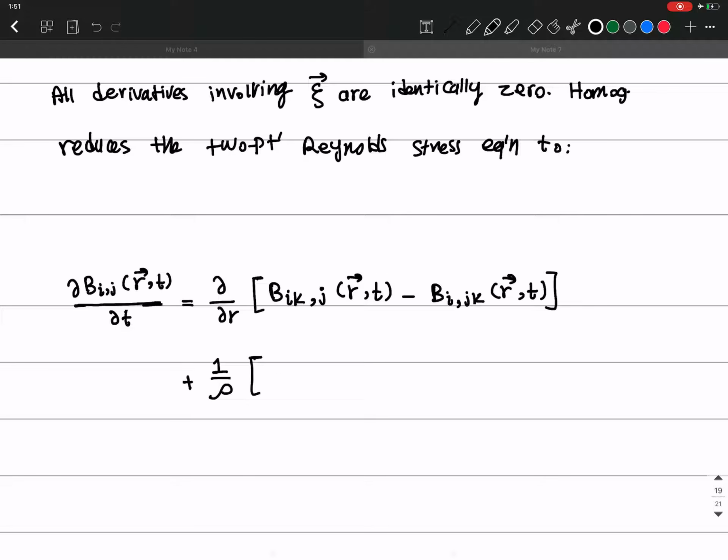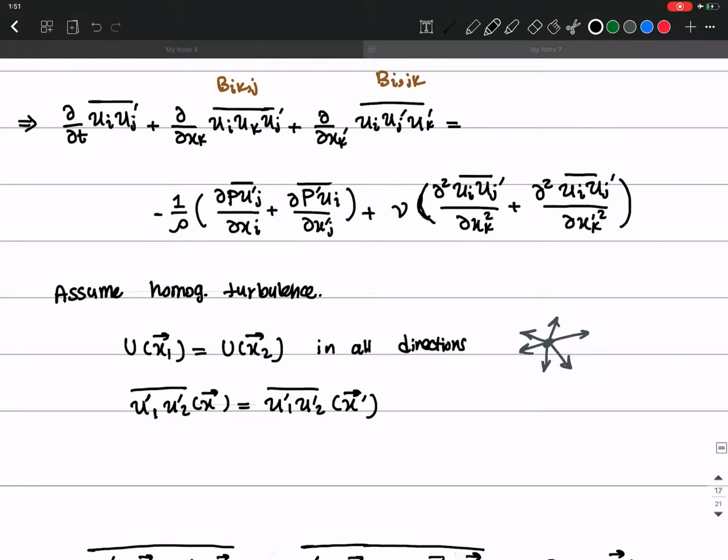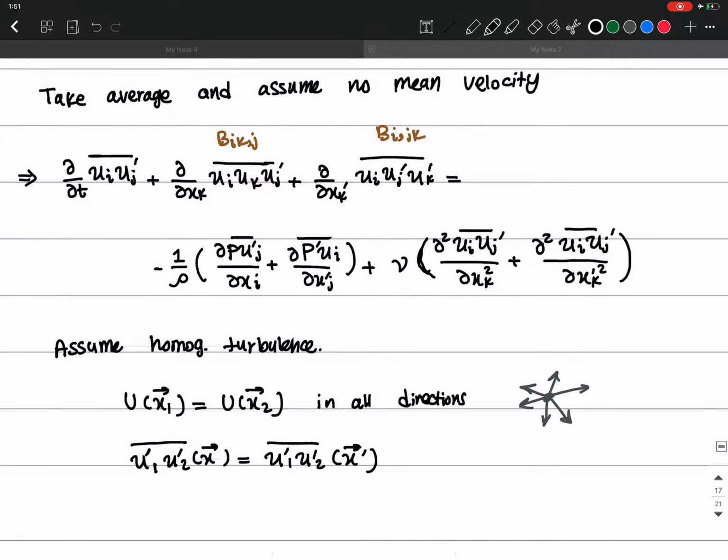If you do the derivation, it's going to be partial B_pi(r, t) with respect to R_i minus partial B_ip(r, t) with respect to, let me see, R_j.